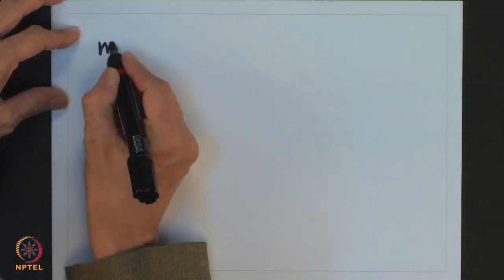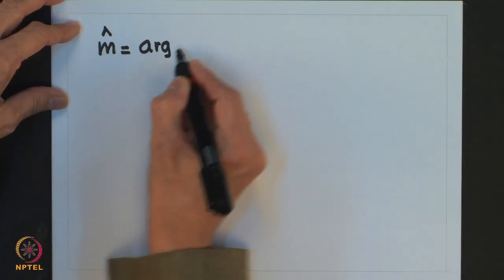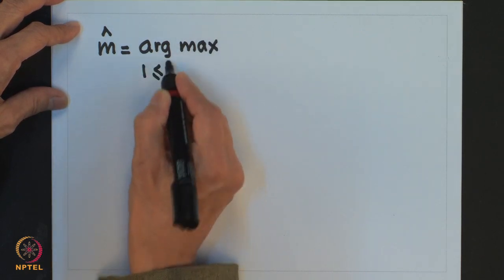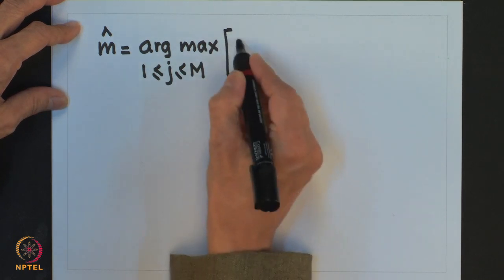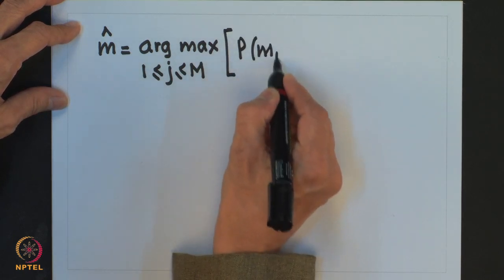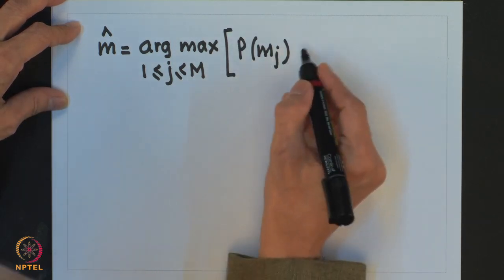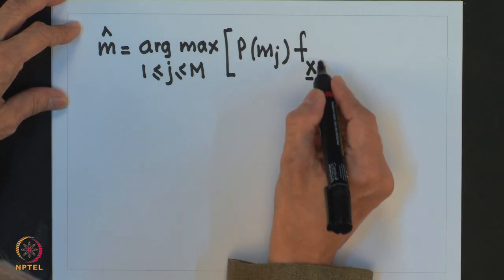Now, let us rewrite the decision rule for the MAP detector, which is equal to this: the probability of transmitting the message m_j, and this is a conditional PDF.